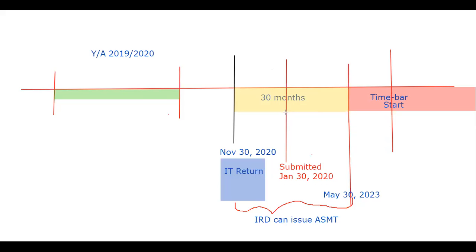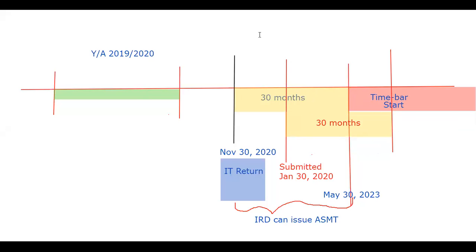Then the department officers also have 30 months from the date you file. Then they can also enjoy the 30 months from the date you file. Therefore, don't let them punish you. Try to file the return at your earliest.